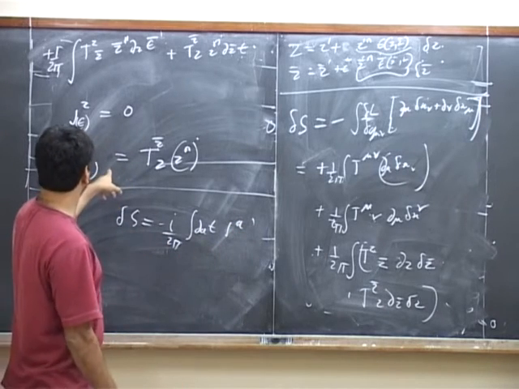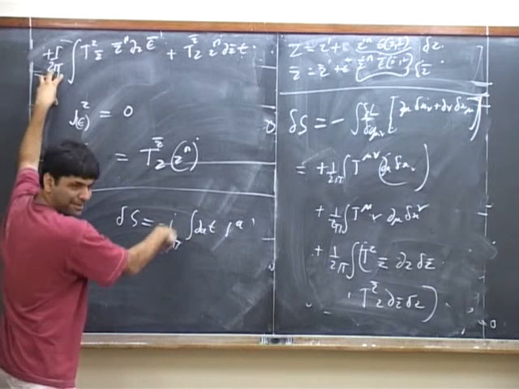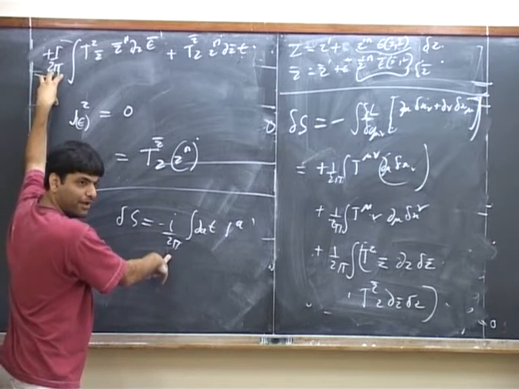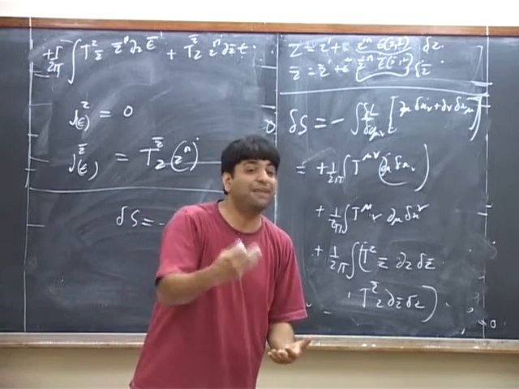So if we were using the usual definition, now we would have an I, because we got 1 by 2 pi, but without an I. Okay? But the current corresponding to translations was scaled by an extra factor of I.